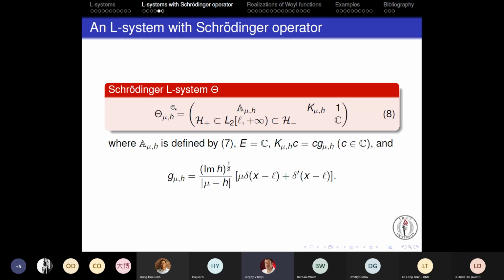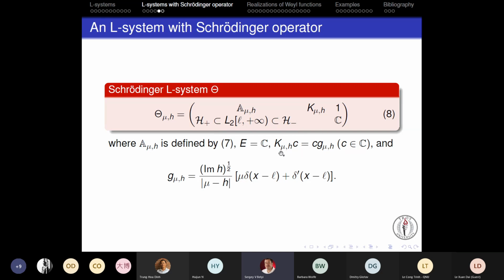Simply, you create a system theta with a star extension A mu h from the previous slide. You create a triplet of a rigged Hilbert space right here based on the central space L2 on the semi-axis. These are some kind of Sobolev structures here.